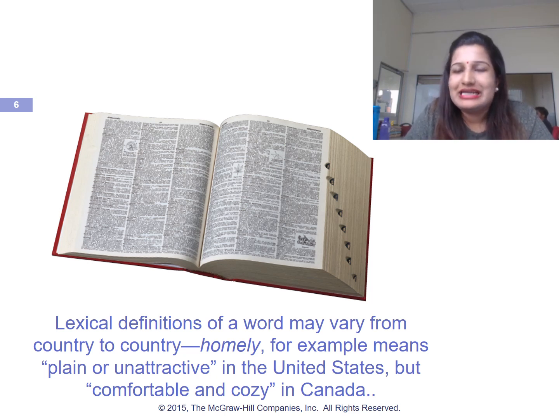So what you have to understand is that even though we are dealing with lexical definitions, which are very direct from the dictionary, the meanings could vary from one country to another, from one place to another, from one speaker to another. So it's very important for you to understand the context of the word that's being used in order to understand how each definition is being used.